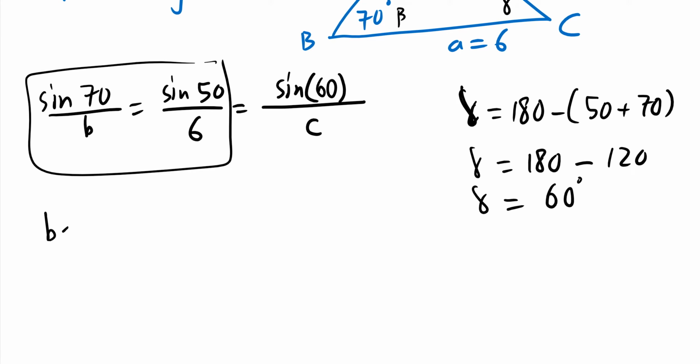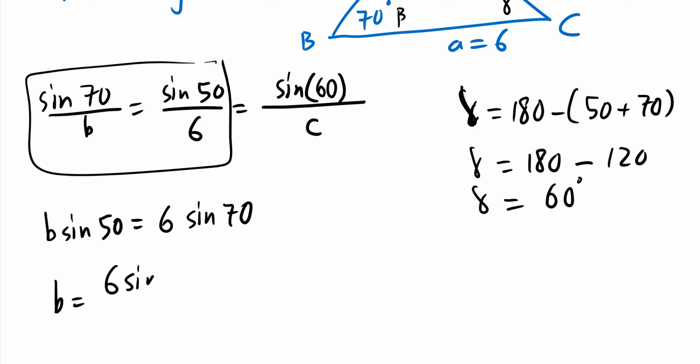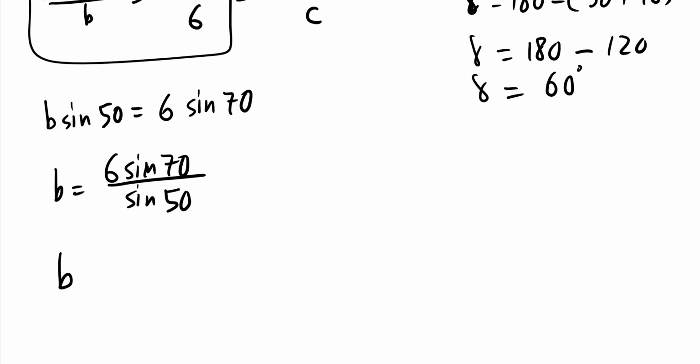So b sine 50 equals 6 sine 70. Divide both sides by sine 50. That gives us 6 sine 70 over sine 50. When you put that in the calculator, make sure the mode is degrees. And that gives me 7.36.